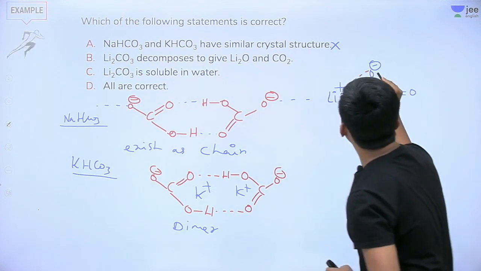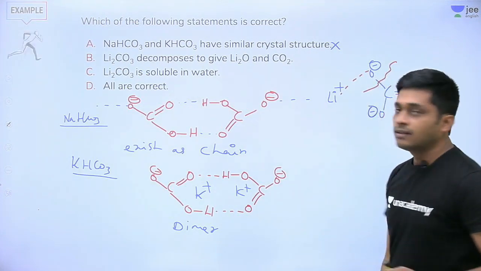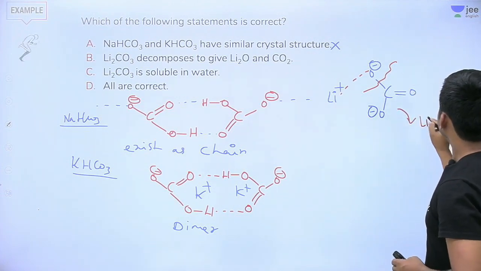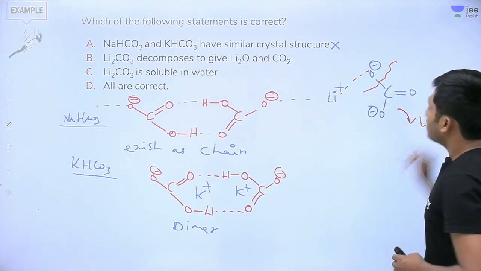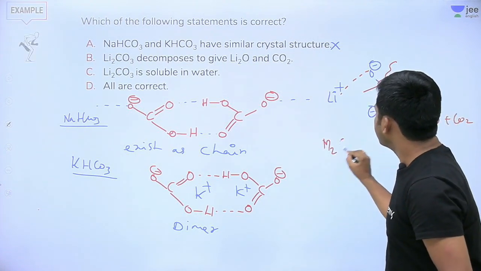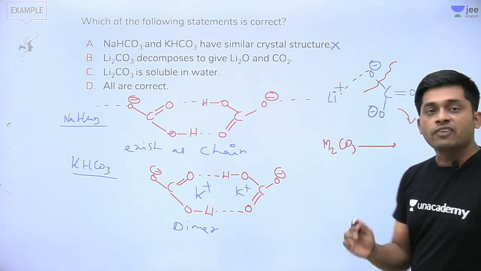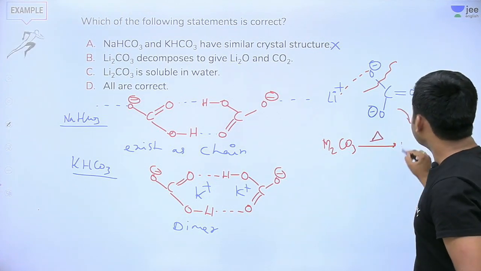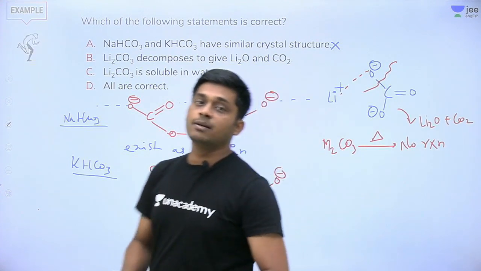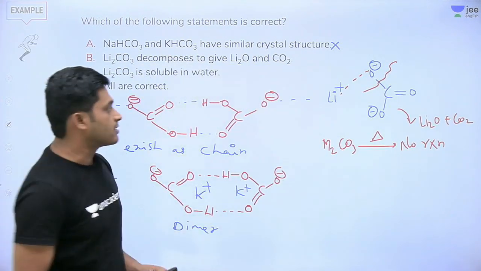So this will take this oxygen, Li2O will form, and CO2. But the rest of the carbonates of this group, M2CO3, if you heat them, no reaction. Only lithium carbonate decomposes, not other carbonates.